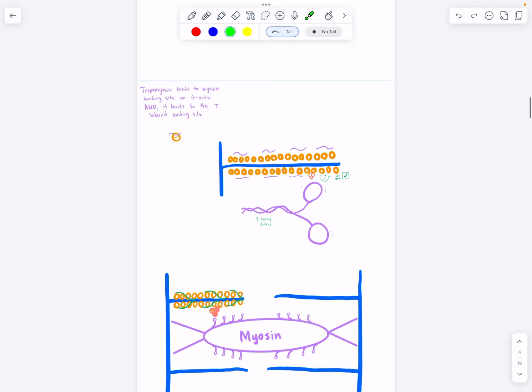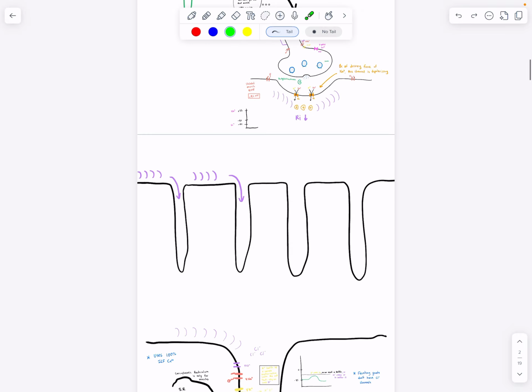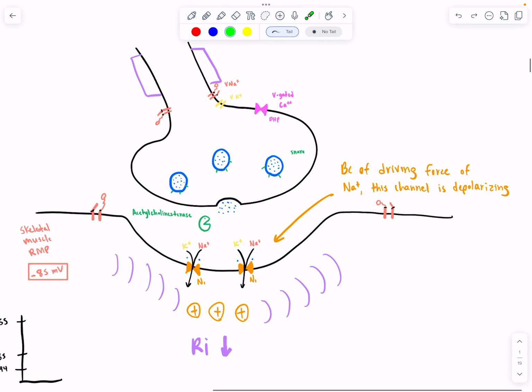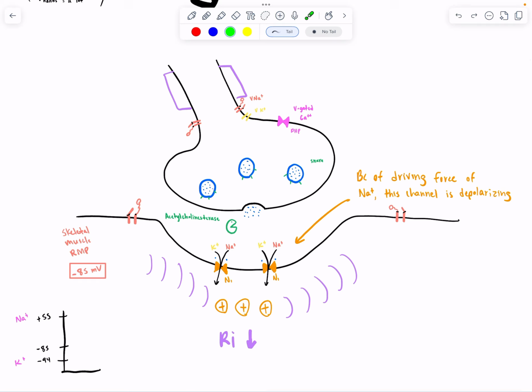So basically what happens, calcium comes in and an action potential is generated. Again, I don't think we need to go too much into synapses, and we talked about that last time in the last video. But the action potential comes in, calcium rushes in, and binds to the SNARE proteins. SNARE proteins release neurotransmitters.